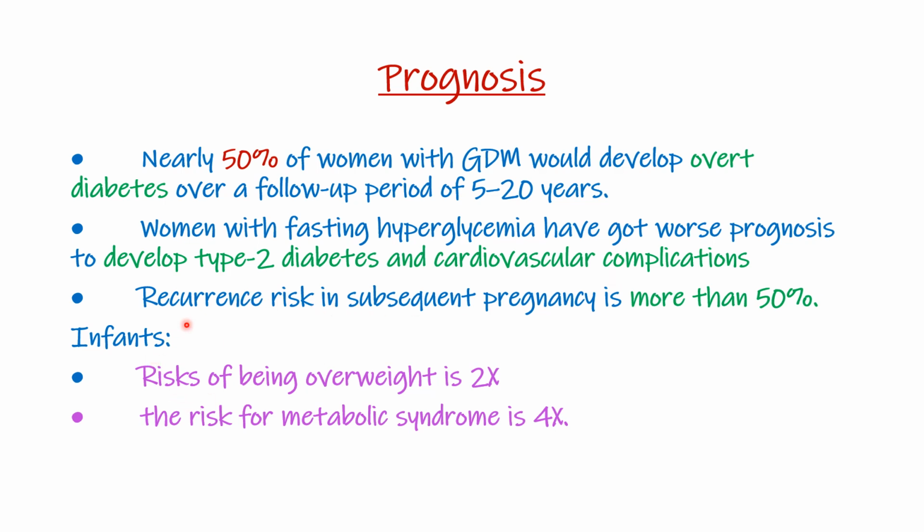Recurrence of gestational diabetes in a subsequent pregnancy is more than 50%. In addition, the infants born of mothers with gestational diabetes have a risk of overweight times 2 and a risk of metabolic syndrome times 4. Thank you.